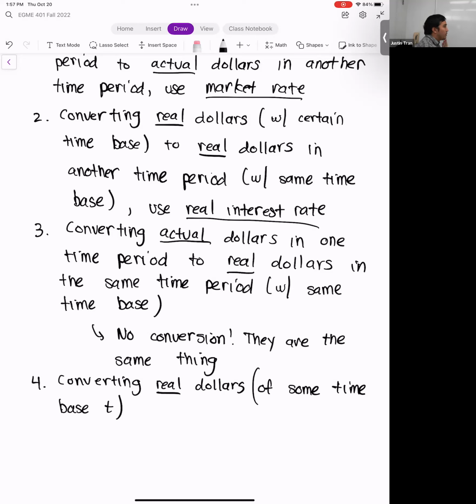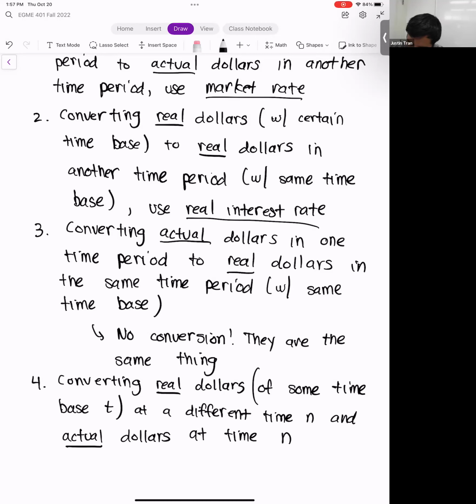And so, we may be talking about real dollars and, of a time base of back in 1972, okay?